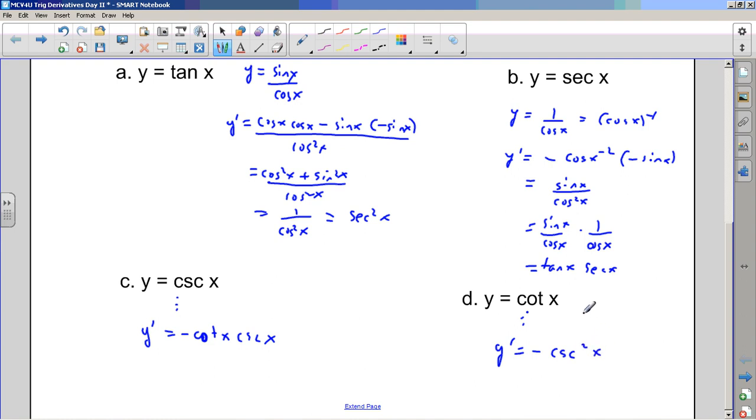So do I have to memorize these? Well, that's up to you. I usually don't, by the way, because when I have to, I'll go through these steps real quick, and then I'll be able to write these down. Now, we're going to use them enough today that probably you'll remember them anyway. So that is up to you.